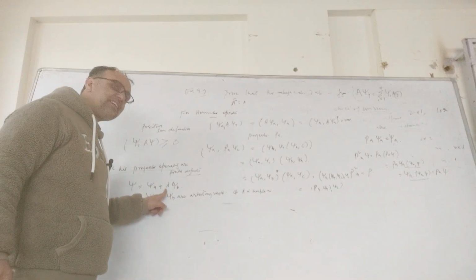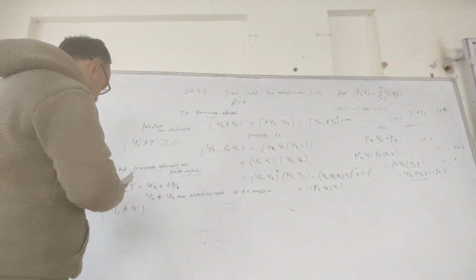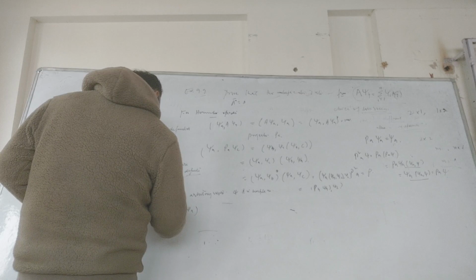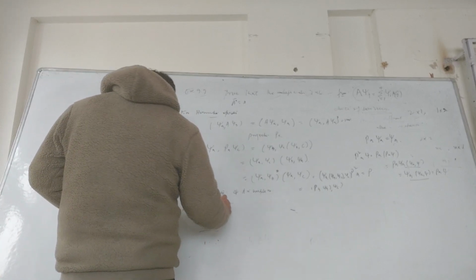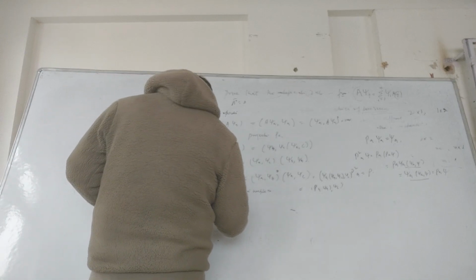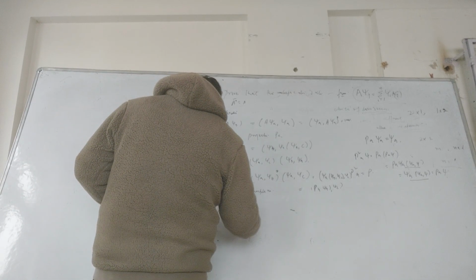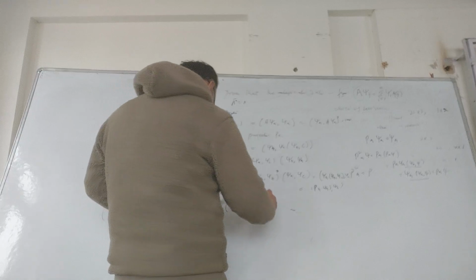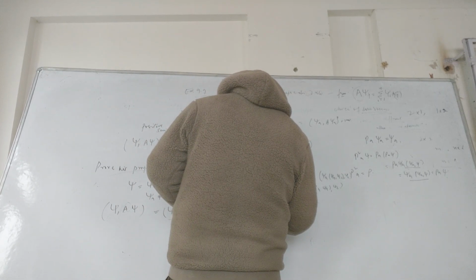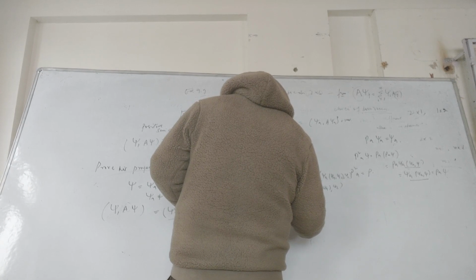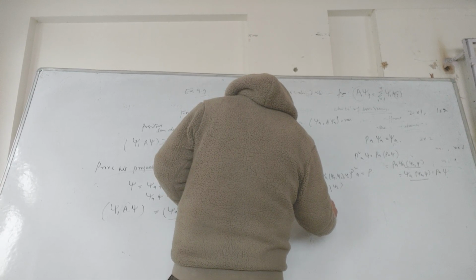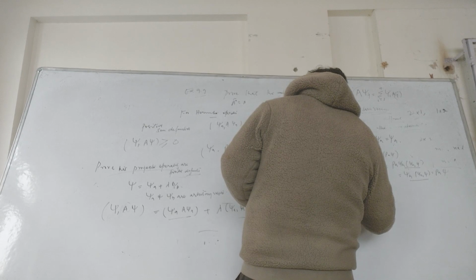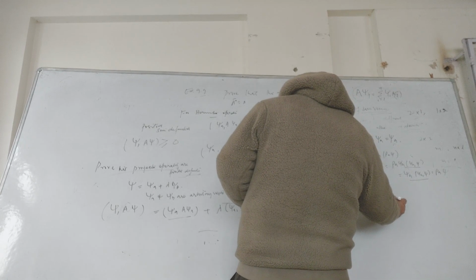Then one lambda will come, the other will come as lambda conjugate. So the form will be psi A, A psi A plus the second term, psi A, A psi B. This is real. Now we'll take the complex conjugate terms. So we'll take lambda squared psi B A psi B plus lambda star psi B A psi B is greater than 0.